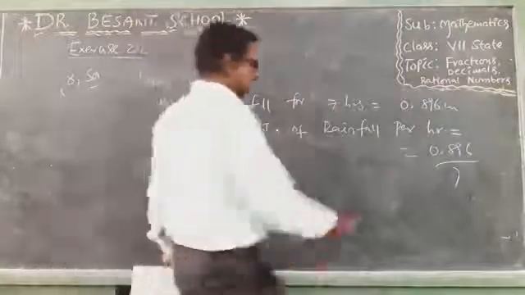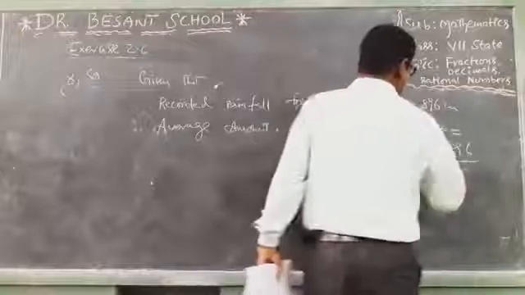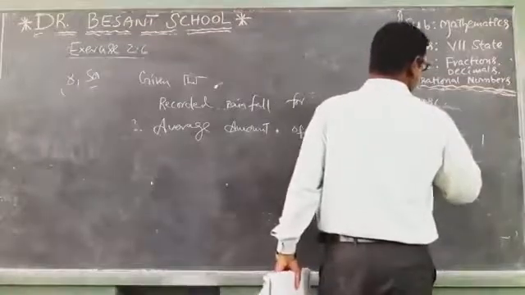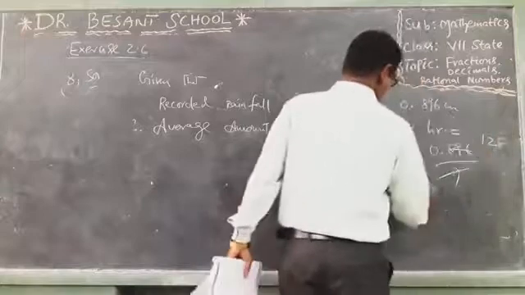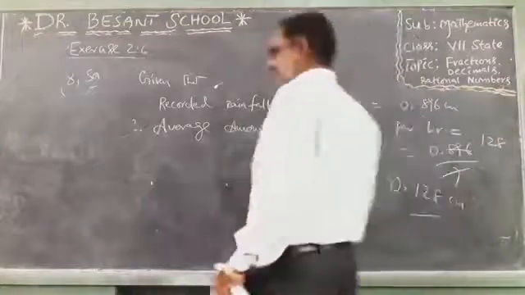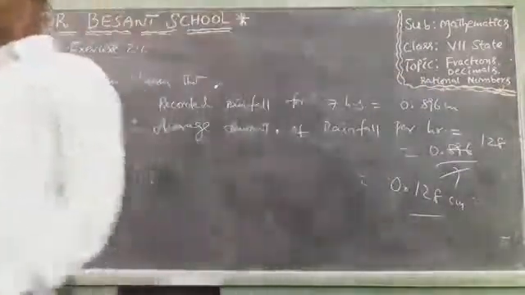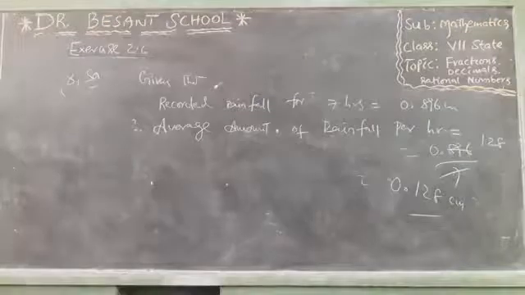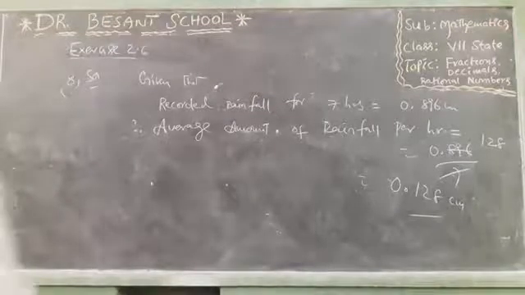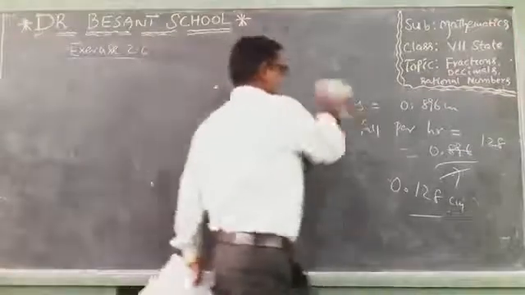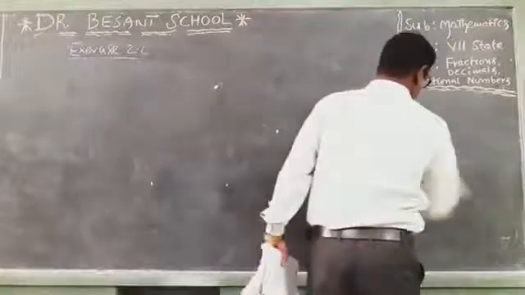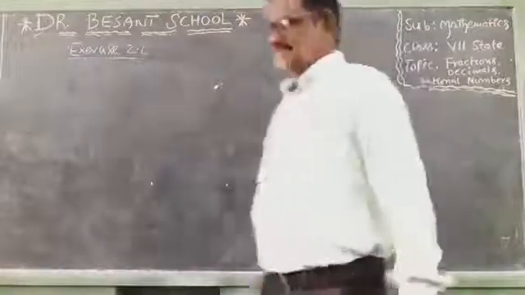Directly we can do the division here. 7 1s are 7, 1 will be there, 19, 7 2s are 14, 5 will be there, 7 8s are 56. So 0.128 centimeters. Okay, children. I hope that you have understood all these problems from this exercise.